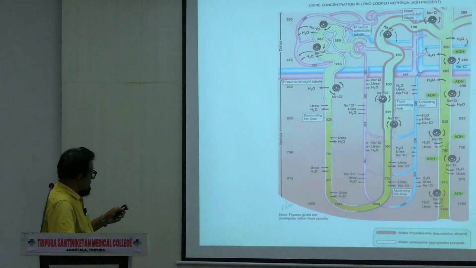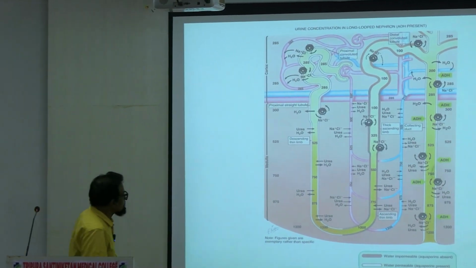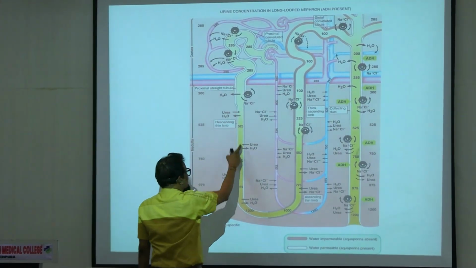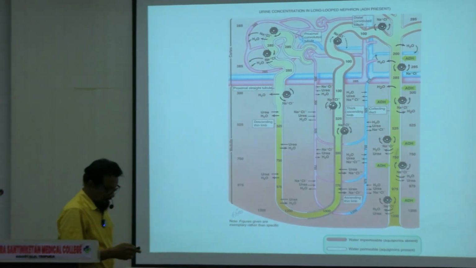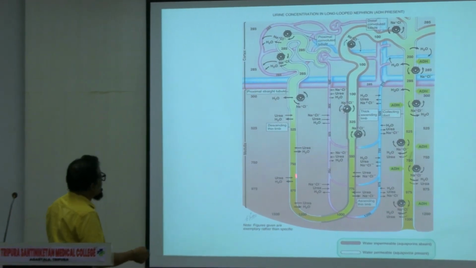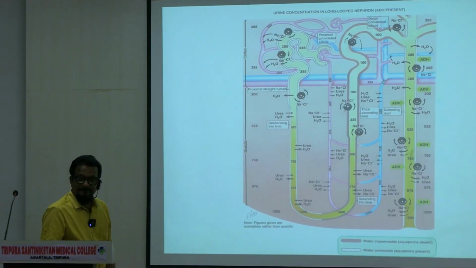So this is the countercurrent. I will explain. See what is happening. What is this? Is it descending or ascending? Tell me. Whether this tube, the loop of Henle, is descending or ascending.